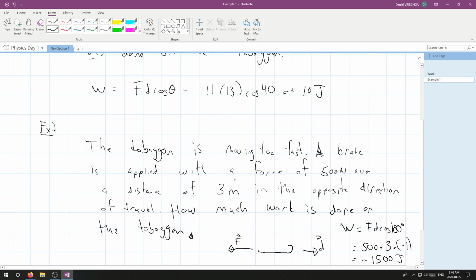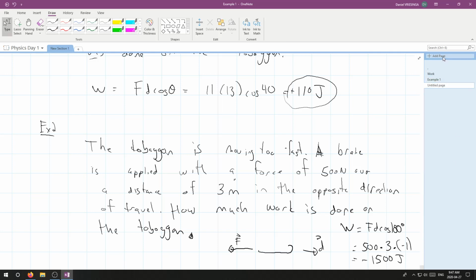That means energy was taken away from this toboggan. Positive work means you're adding energy to the toboggan to make it move. When you get negative work, you're taking energy away from the thing. You're trying to slow it down. Hopefully that makes sense. You can also have zero.